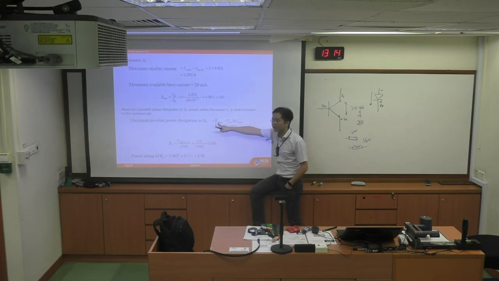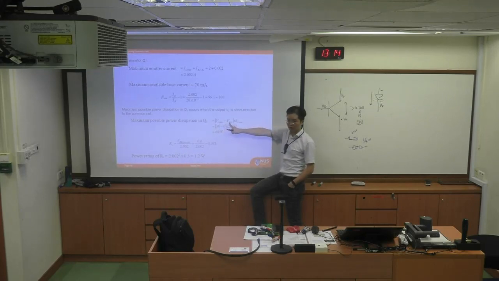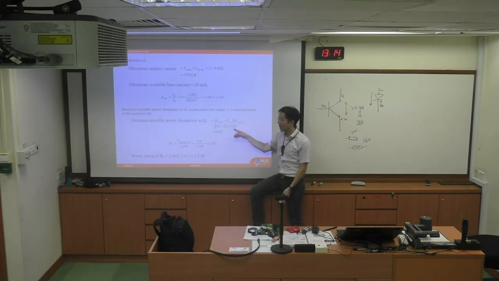The maximum input is 25 to 30 volts, so it's 30. Minimum load voltage in short circuit is 0. So the voltage difference between collector and emitter will be 30 volt maximum, theoretically, and you're flowing 2 amps. That means, oh my God, 60 watt.